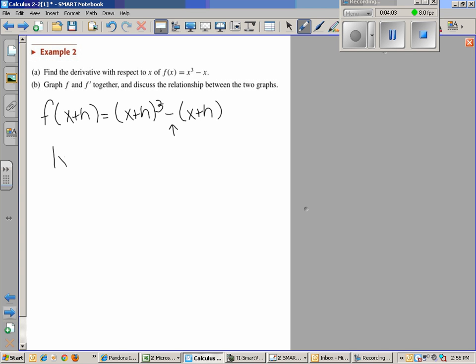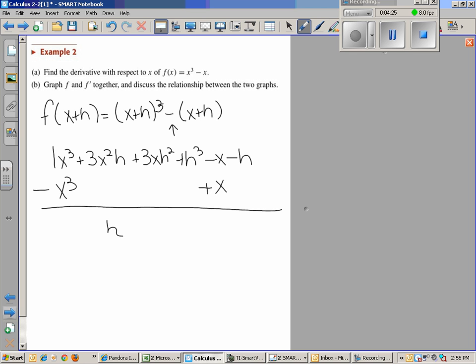So we're going to get x cubed plus 3x squared h plus 3xh squared plus h cubed minus x minus h. And I'm starting to use shortcuts now because f of x would be subtracted from this. So I'm going to minus x cubed minus a negative x. That's all over h.